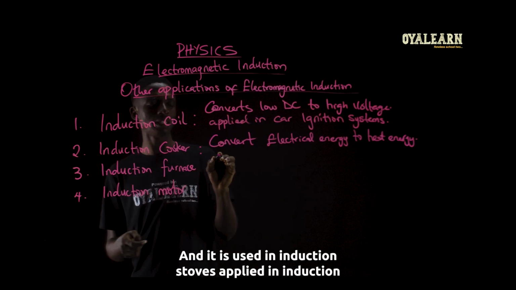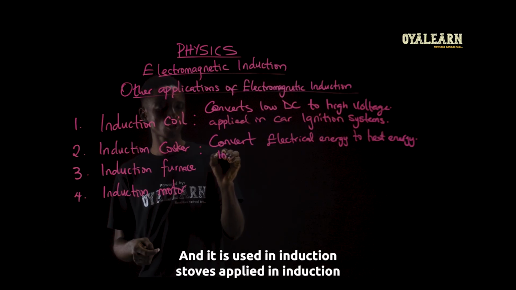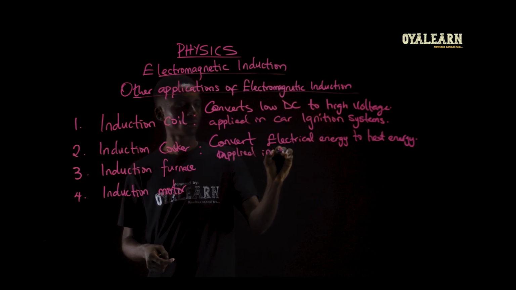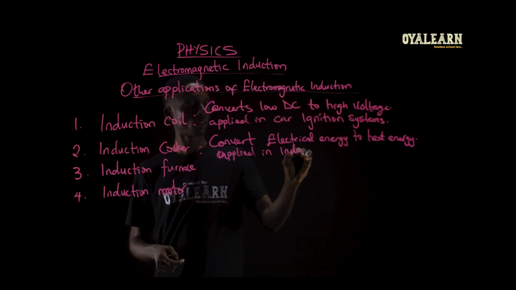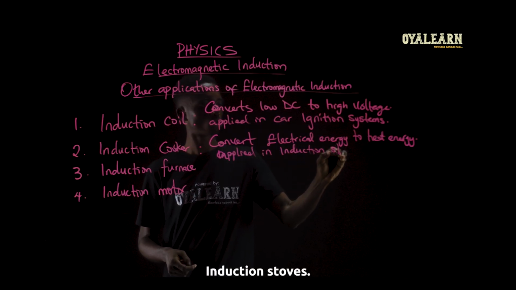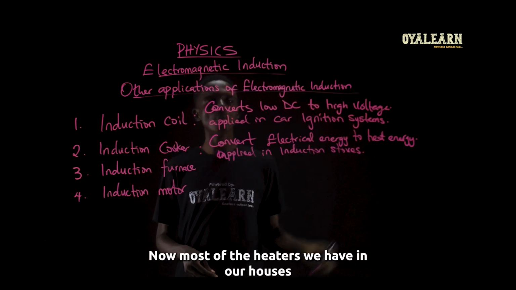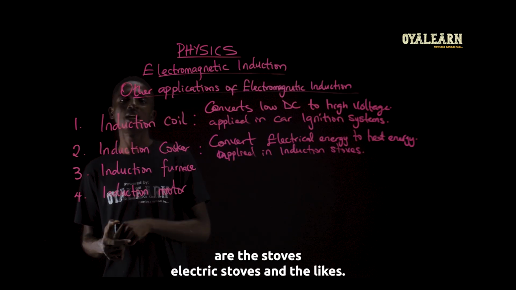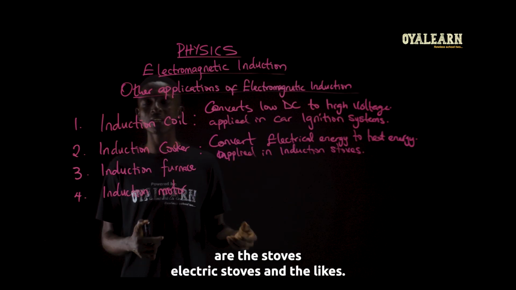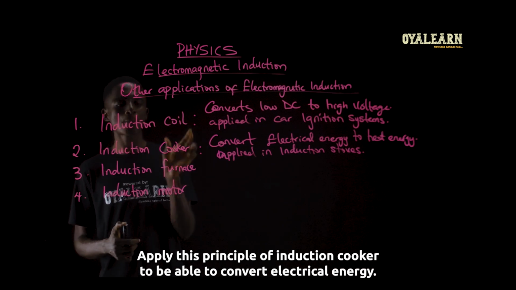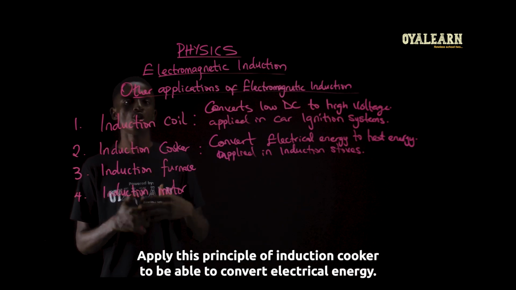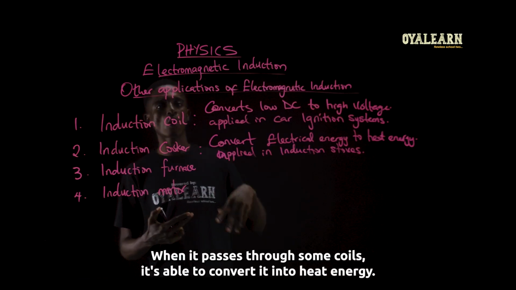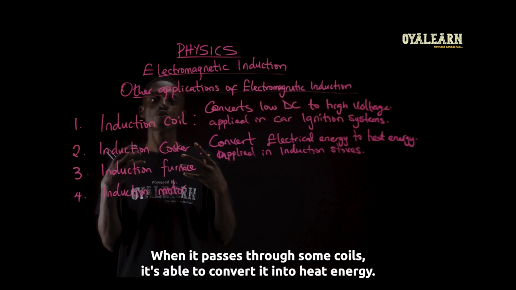And it is used in induction stoves. Now, most of the heaters we have in our houses, the stoves, electric stoves and the likes, apply this principle of induction cooker to be able to convert electrical energy. When it passes it through some coils, it's able to convert it into heat energy.